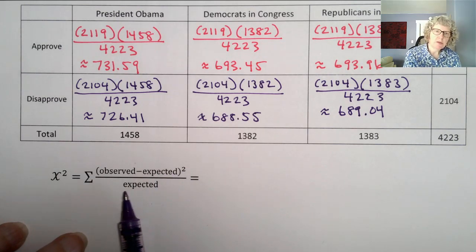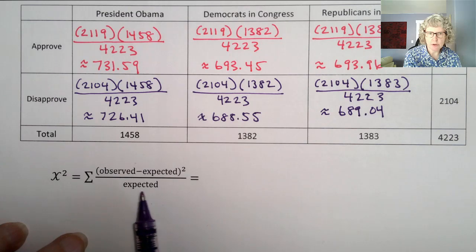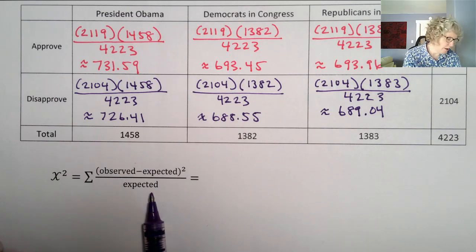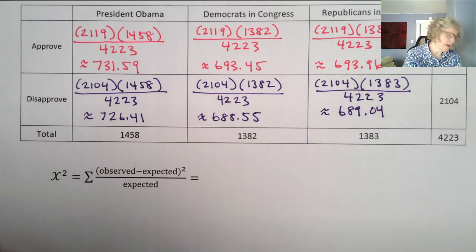Okay, and then we're also making it relative to the size of the group. So we're dividing it by the expected, and then we're adding that up for each term, okay? So we will have 6 of these, so you can see it does get a little tedious. We are going to use technology. It does get a little tedious after a while.